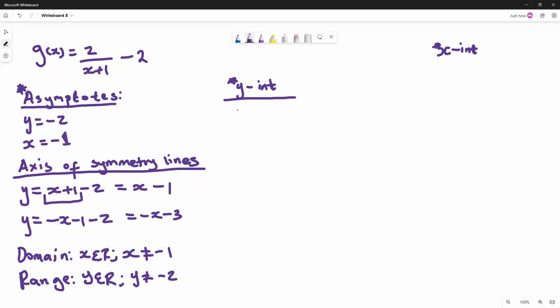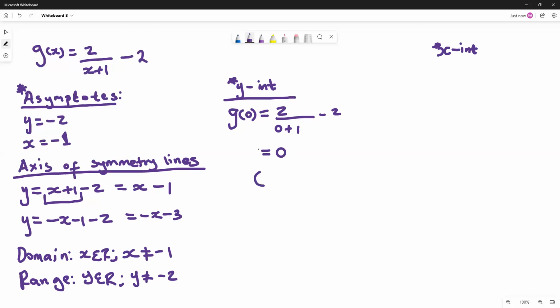Remember y-intercept, we're going to look for g at 0, right? Because the x value is 0 on the y-intercept. So you have 0 plus 1 minus 2, which becomes 1 divided by, okay. So here, if you press your calculator, you can get 0, right?